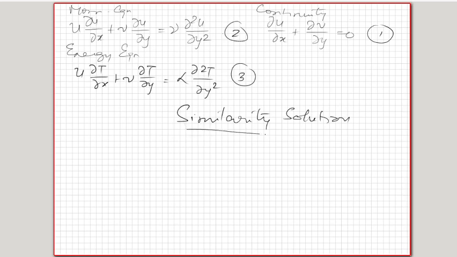So what is the similarity that we are going to look at in today's case? So suppose this is a flat plate. Okay, it's not looking as flat as it should, so let's draw that again. Okay, that's probably better. So if I have only the momentum equation, let's first look at that.